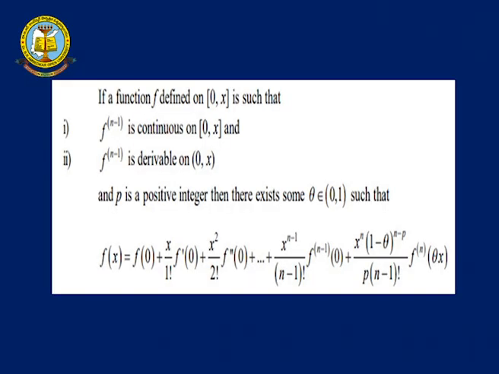If the function f is defined on the closed interval 0 comma x such that f power of n minus 1 is continuous on the closed interval 0 comma x, and f power of n minus 1 is derivable on the open interval 0 comma x, and p is a positive integer, then there exists one theta belonging to the open interval 0 comma 1 such that f of x equal to f of 0 plus x by 1 factorial into f dash of 0 plus x square by 2 factorial into f double dash of 0 plus and so on, x power of n minus 1 by (n minus 1) factorial into f power of n minus 1 of 0 plus x power of n into (1 minus theta) whole power of n minus p by p into (n minus 1) factorial into f power of n of theta x.